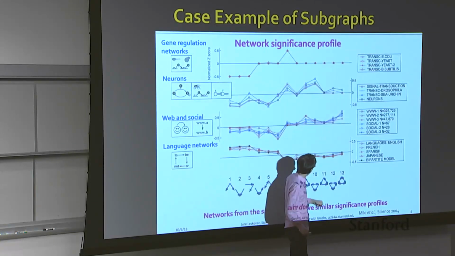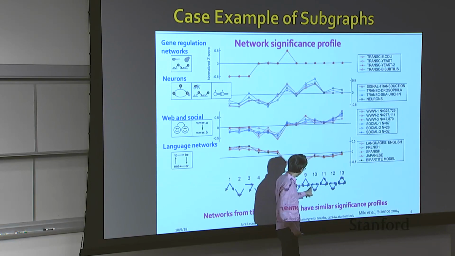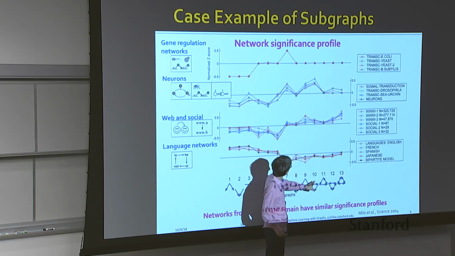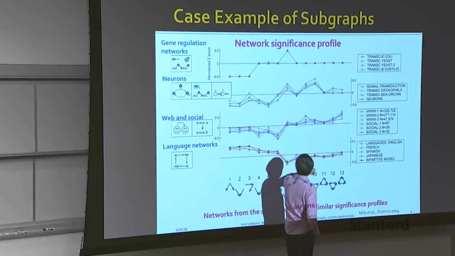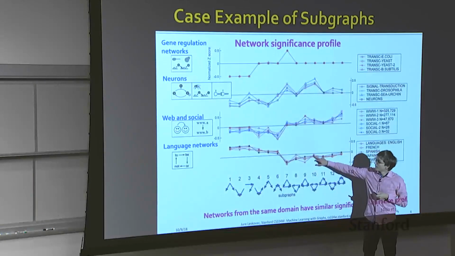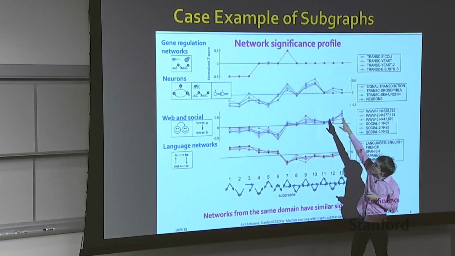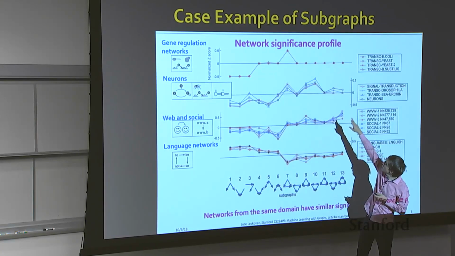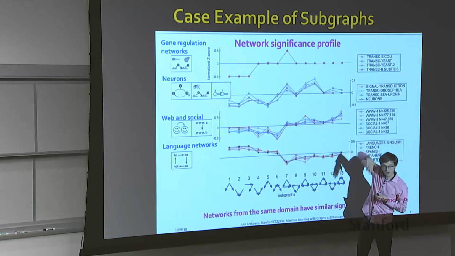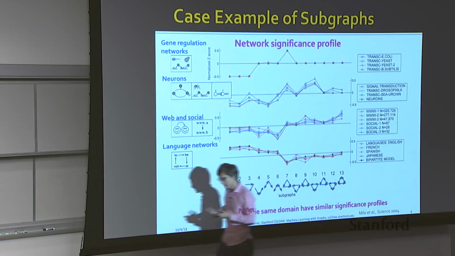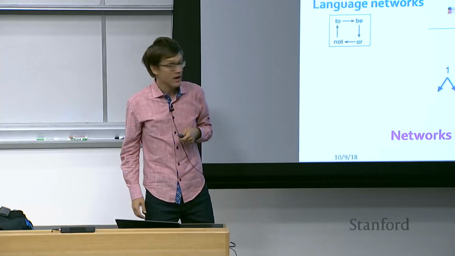While, for example, this type of structure number 10 is slightly underrepresented in language networks, overrepresented in web and social, very significantly overrepresented in neurons, and at 0, which means not underrepresented, in gene regulatory networks.